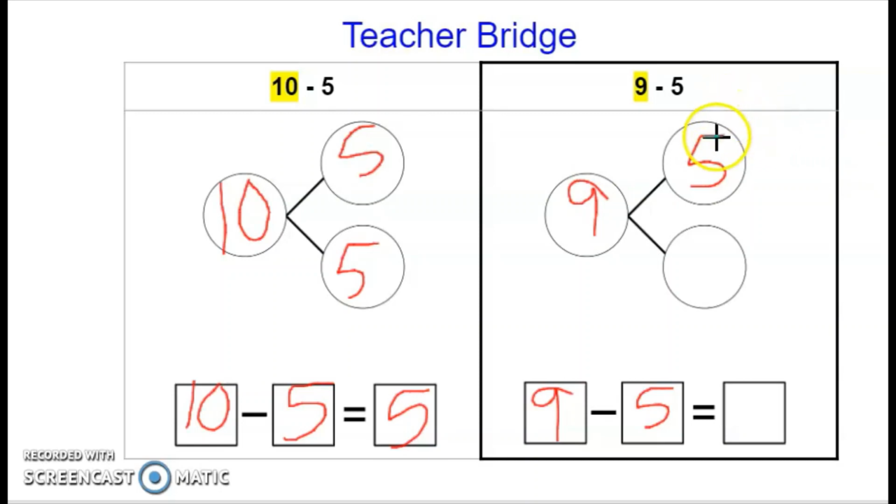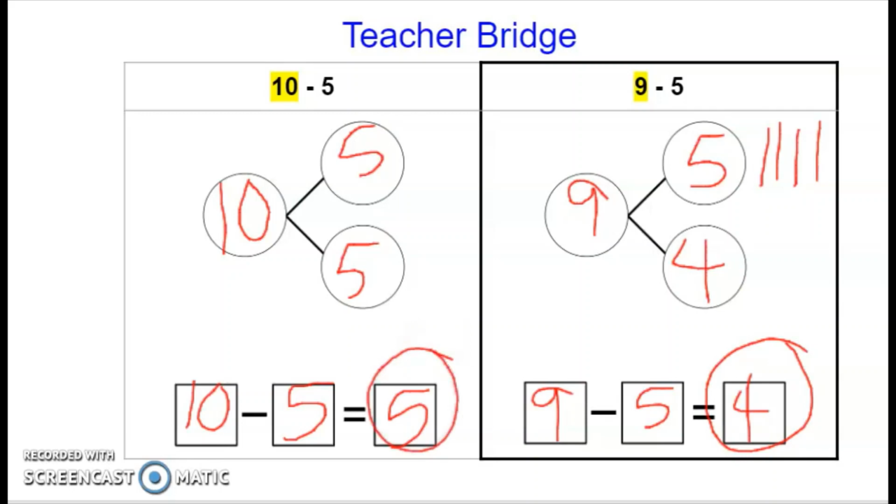Get ready to count on 5, 6, 7, 8, 9. Oh my goodness, my missing part is 4. Now I'm going to go ahead and write it down. My friends, take a look at the solution. Do you notice that it was true? Our answer or our solution was 1 less.